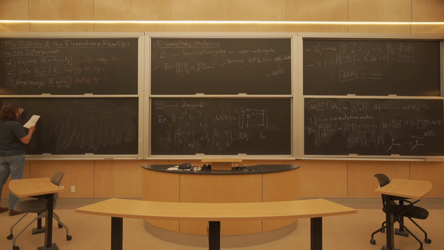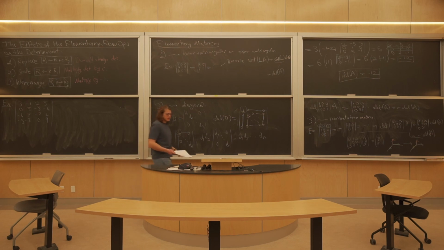So I want to compute this determinant, let's say. 3, minus 1, 2, 5, 0, 5, minus 3, minus 6, minus 6, 7, minus 7, 4, minus 5, minus 8, 0, 9. Now we can go through the motions and do this recursive algorithm and compute it. Or we can try to simplify the matrix by using row operations.